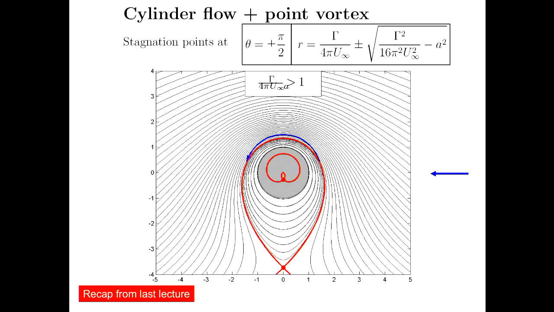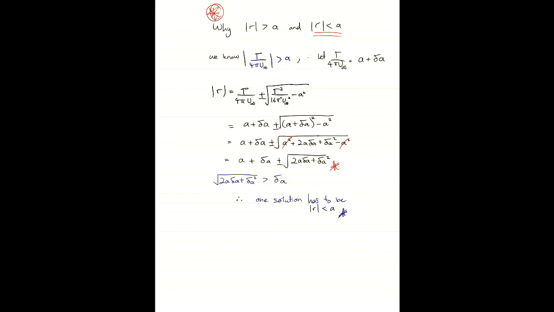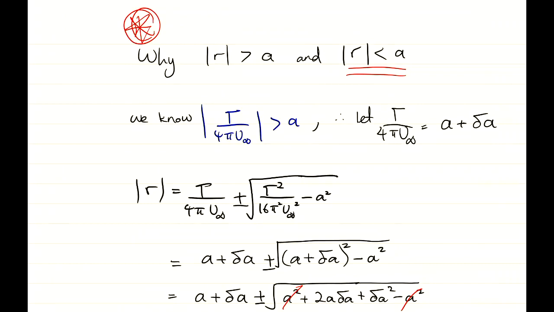Now, there was 1 question in the previous lecture where a student asked me, how do I know that one of the stagnation points is located inside of the cylinder? So if you are that student, this is for you.